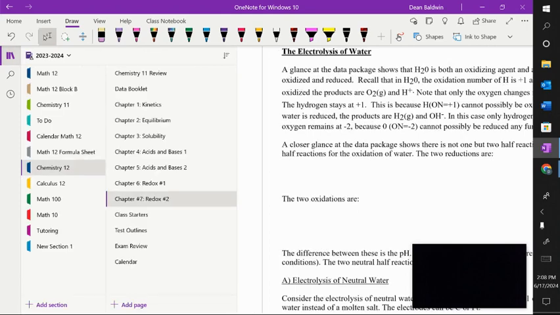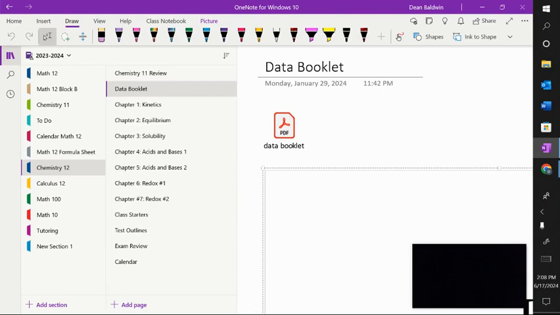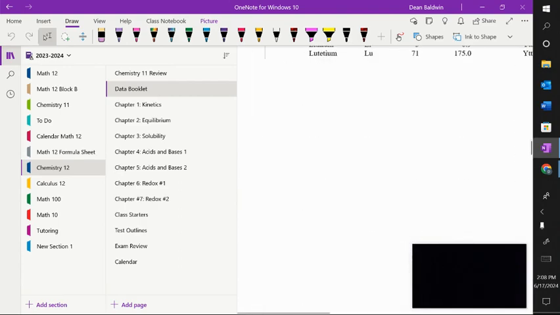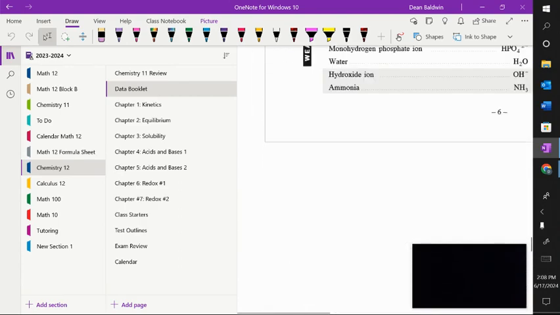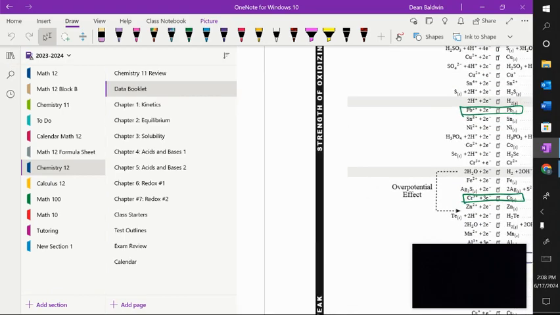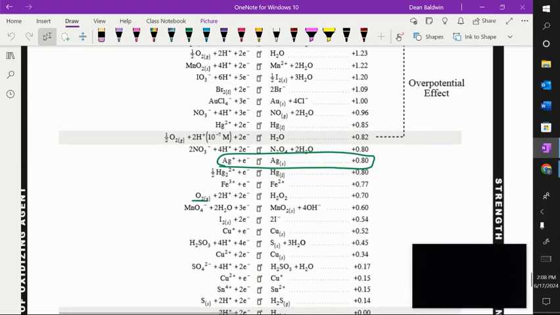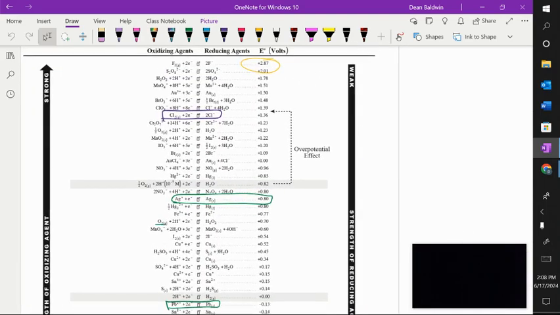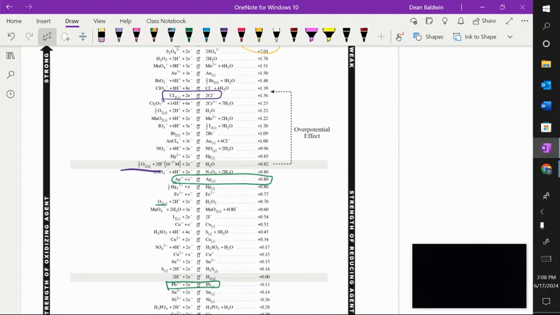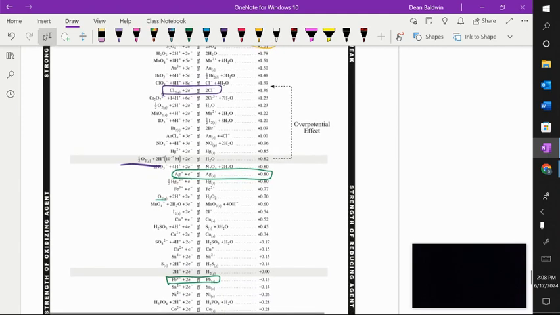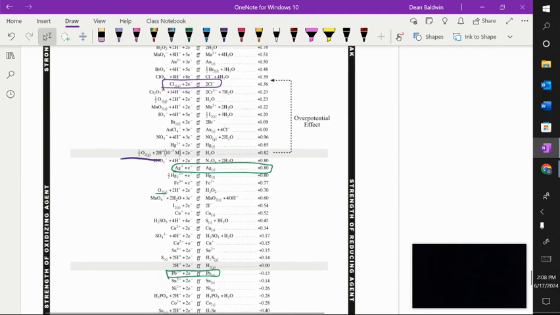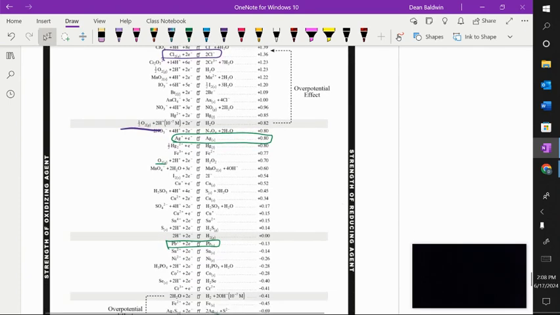If we go to our data booklet, and we go to the last page, reduction potentials. Where's water? Somebody help me find it.